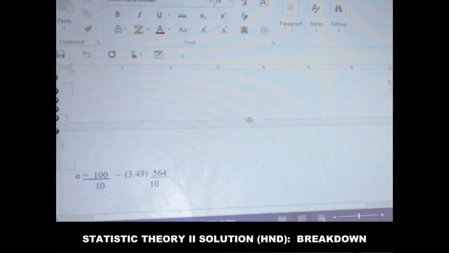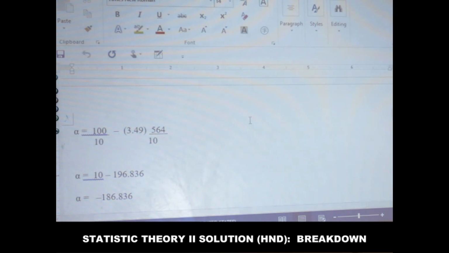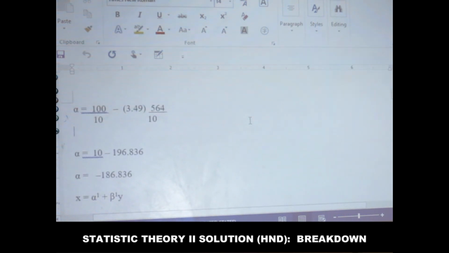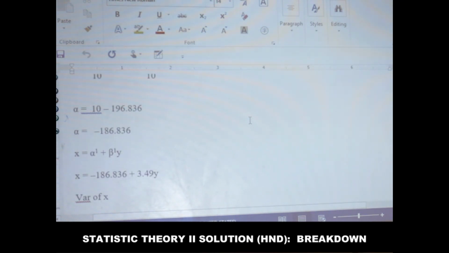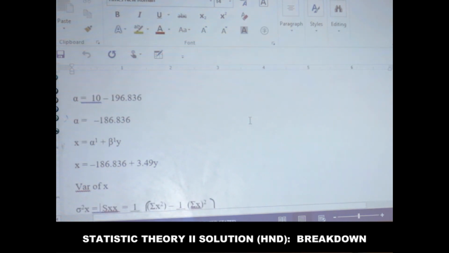So you have alpha, you insert, you have 100 over 10 minus 3.49. Put it inside a bracket, then you have 564 divided by 10. You multiply and you divide, you are going to have 196.836. You subtract.